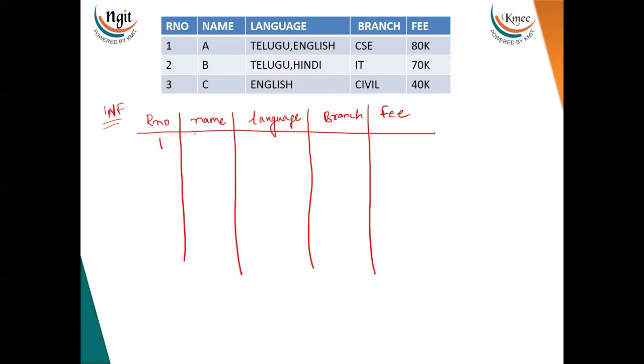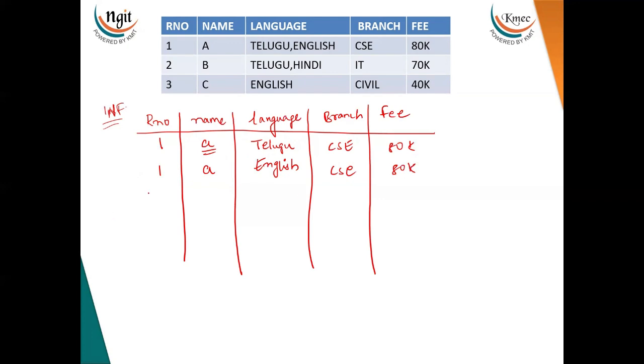So for roll number 1, the name of the person is A and he knows languages like Telugu and English. So firstly, in the first tuple, we are considering only one language and he belongs to CSE and the fees is 80,000. So as this person is also known with another language, that is English, it is necessary to insert the data of A again in the second record.